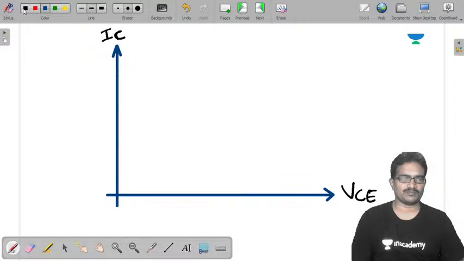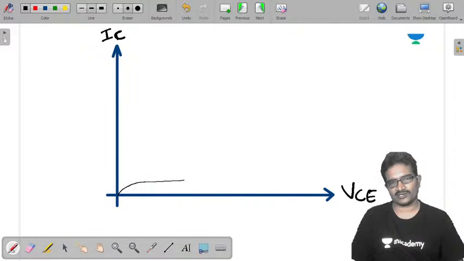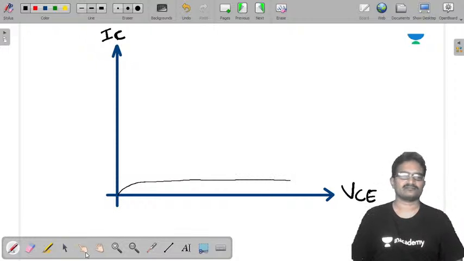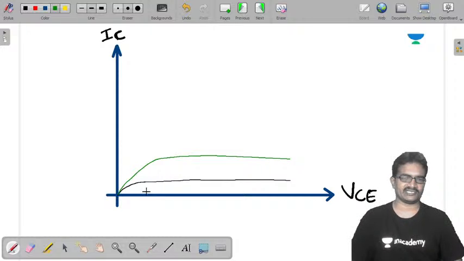Now your first plot is like this. Second plot for IB1. So your plot is initially up to here, it is forward bias. After that it is reverse bias, collector junction.